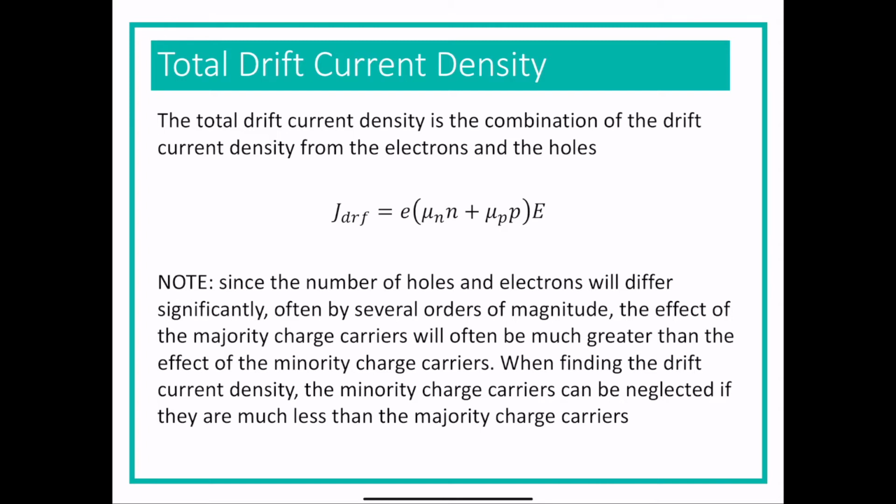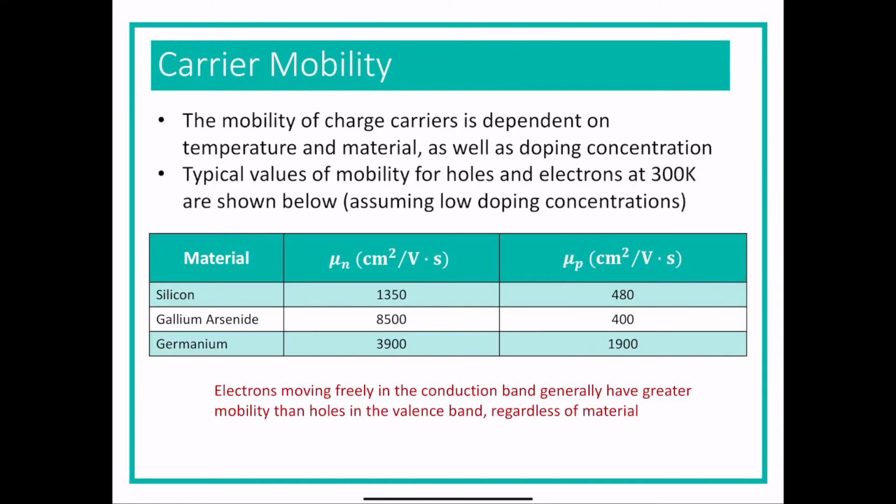If you're worried about making a mistake in estimating, then go ahead and just do the whole thing. So the number of charge of the mobility depends on temperature and material.